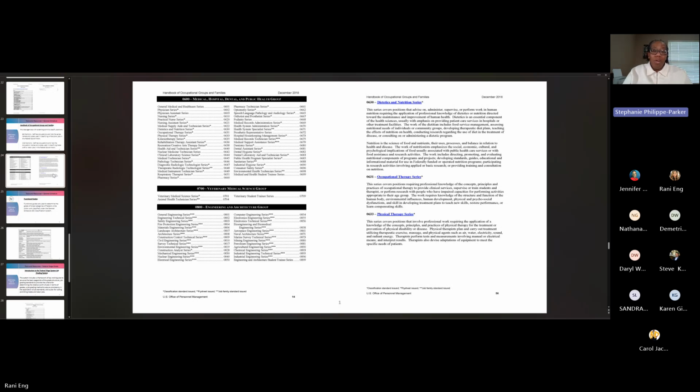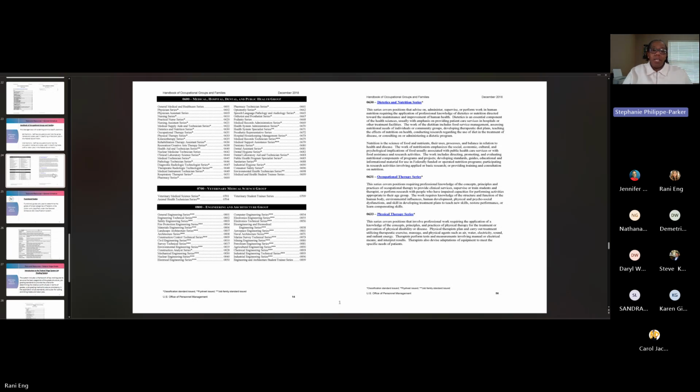It includes about 45 different series that belong within this group. By grouping these series together, OPM is saying that all of these positions are similar in nature. In this instance, they are likely performing work in the medical, hospital, dental, or public health areas. On the right-hand side here is a sample snippet of a series definition that OPM has defined.